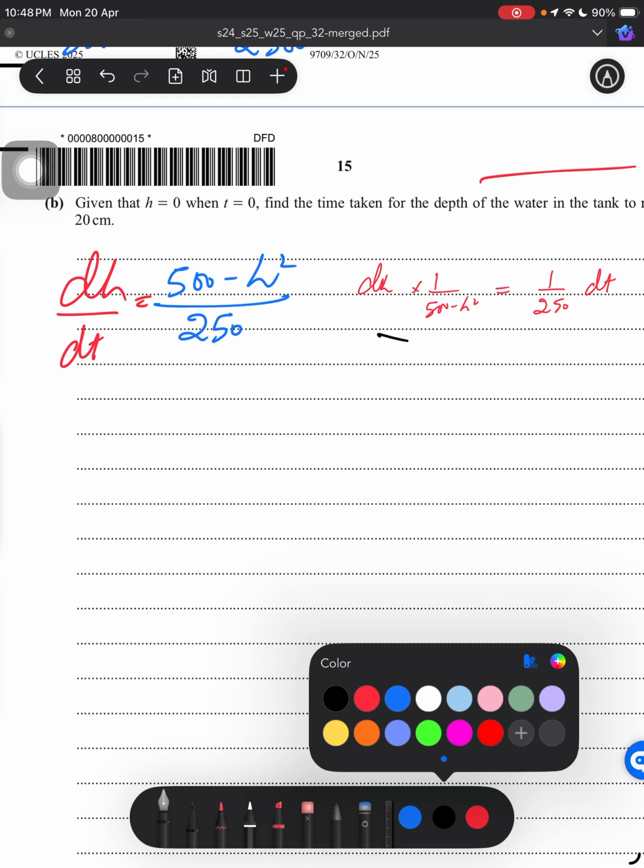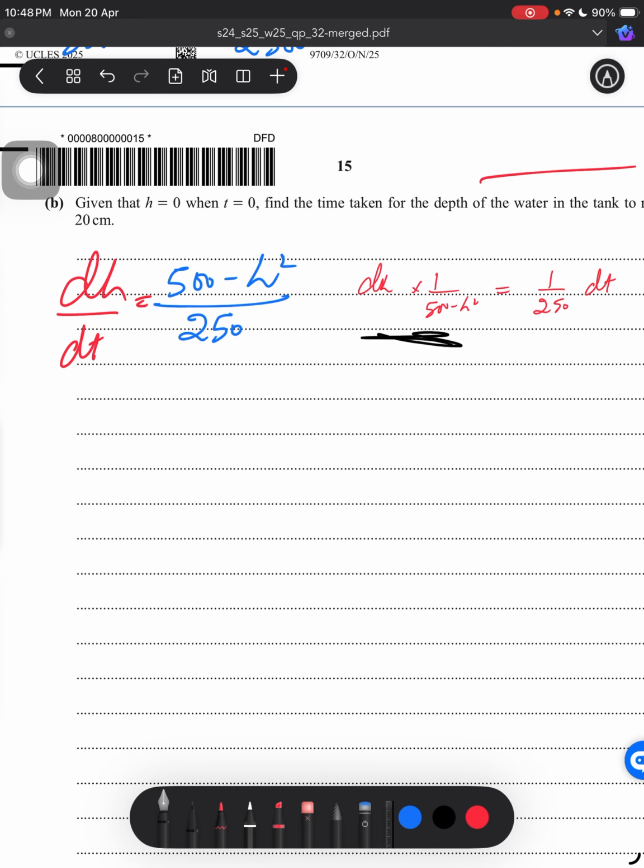This can be solved by partial fractions.